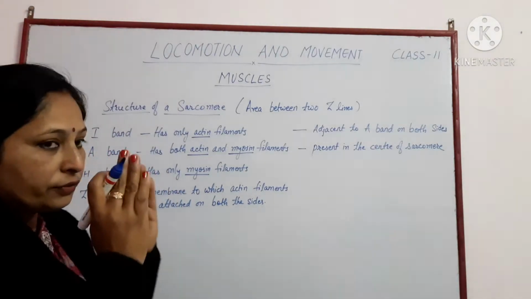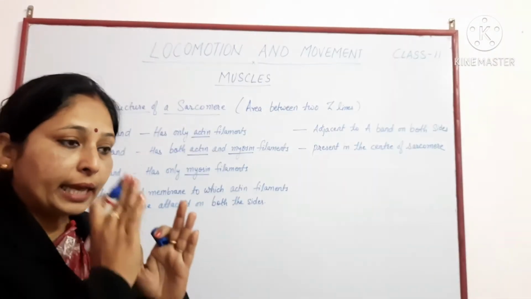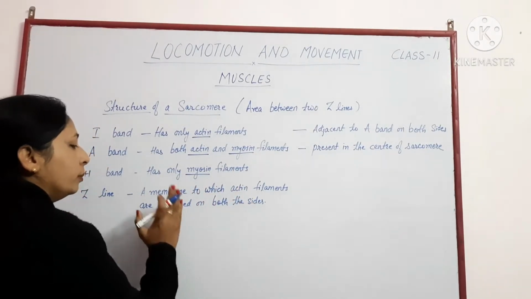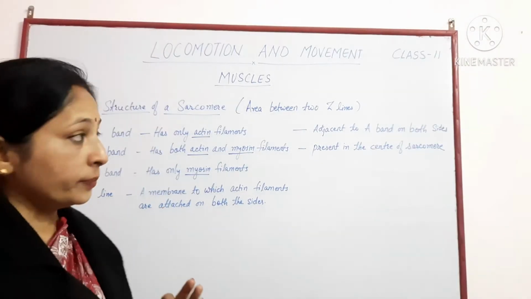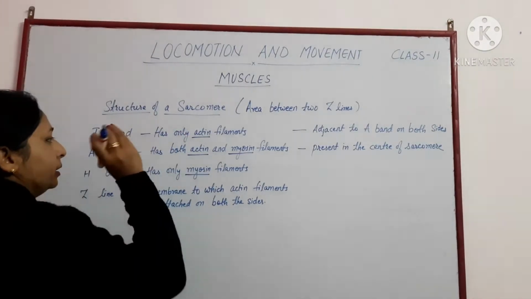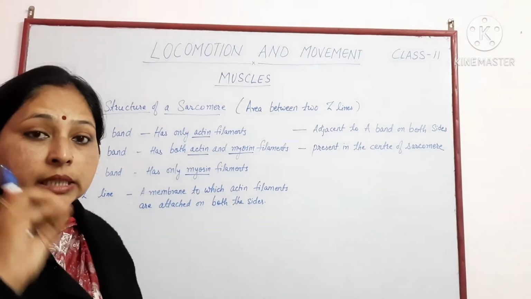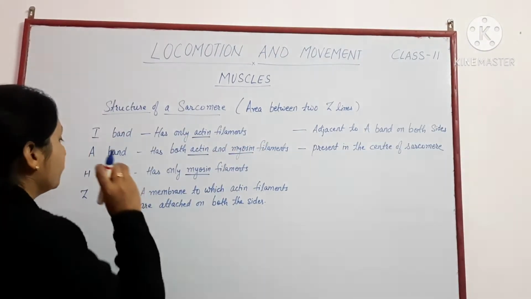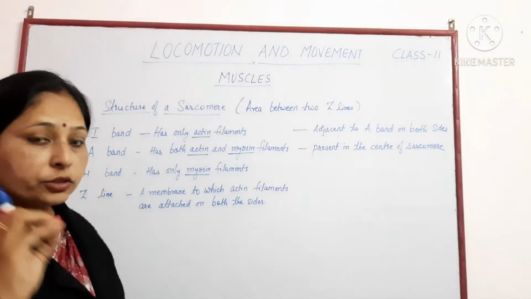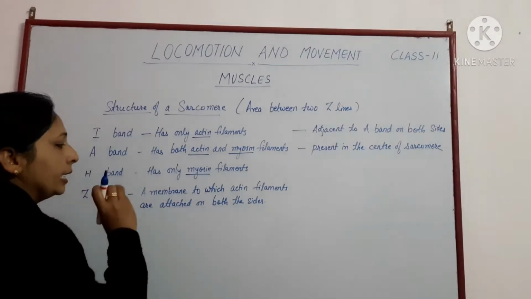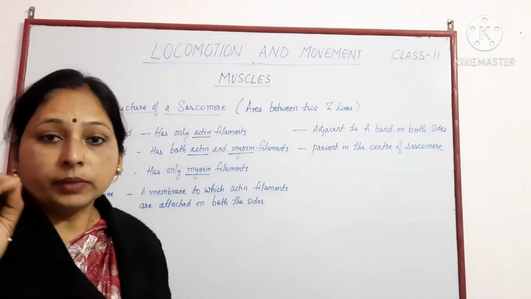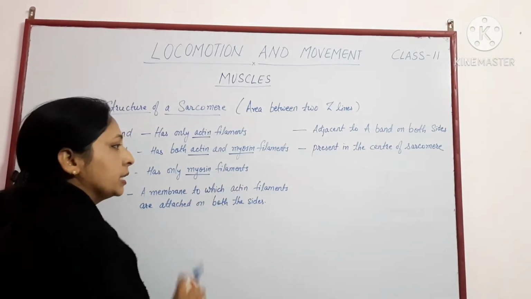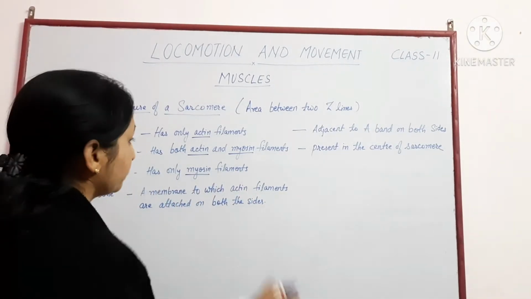I band starts after Z line, so the actin filament of the I band is attached on both the sides of the Z line. So this is I band, only actin filament, then the A band, actin as well as myosin filament. H band has myosin filament only, and the Z line is a membrane on which actin filaments are attached on both the sides.